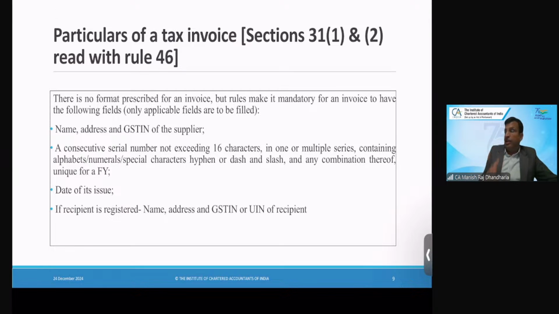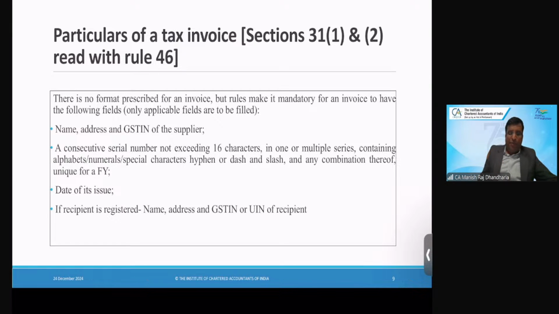Maximum 16 characters can be in an invoice number. You can use alphanumeric and special characters: dash, hyphen, forward slash, backslash, anything you can use. But in total, everything should contain a maximum of 16 characters.